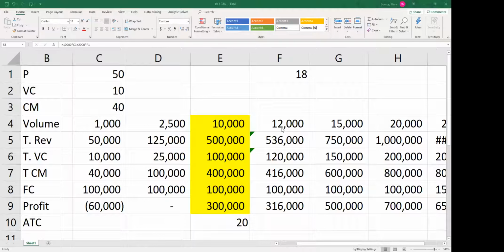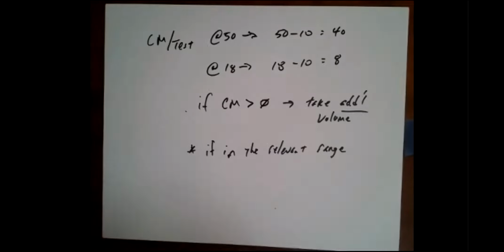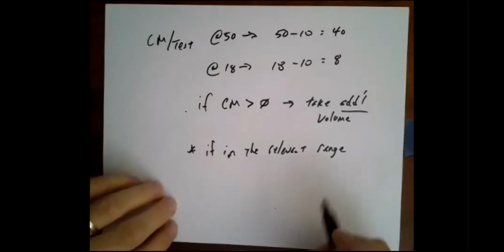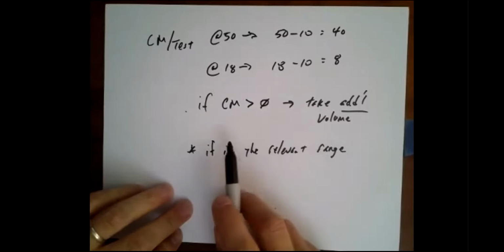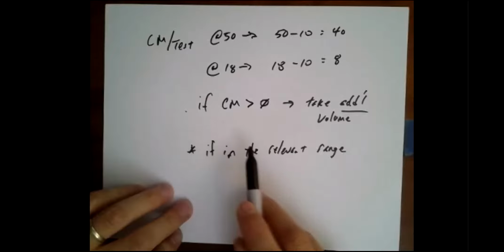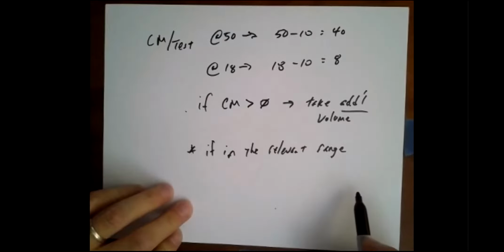What I really care about, if I'm already breaking even and I'm not adding additional fixed cost, the rule that I'm going to apply is, will the new price per unit give me a positive contribution margin, or allow me to sustain a positive contribution margin? So how low of a price could I take for additional workload, going from 10,000 to 12,000?